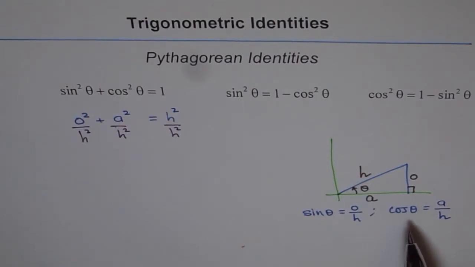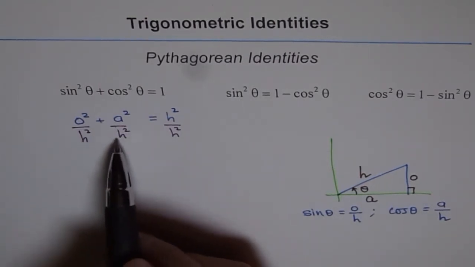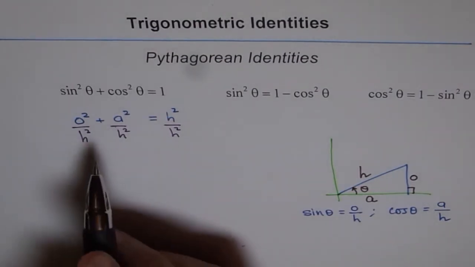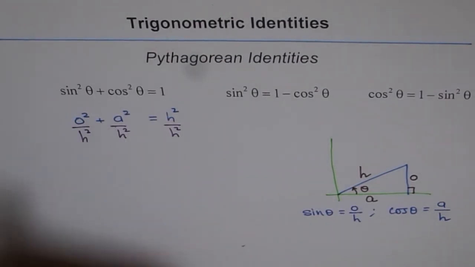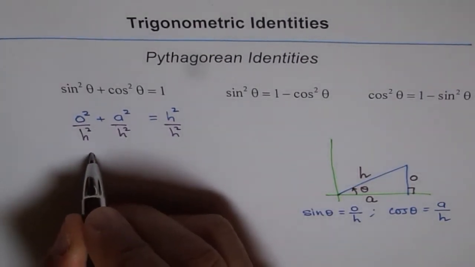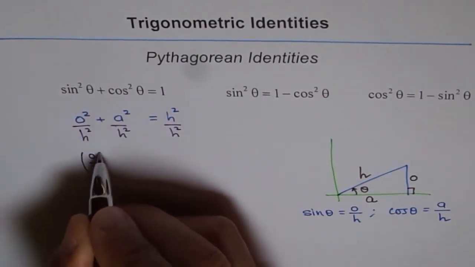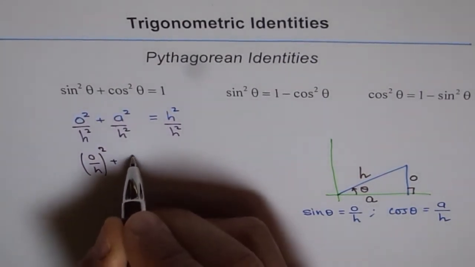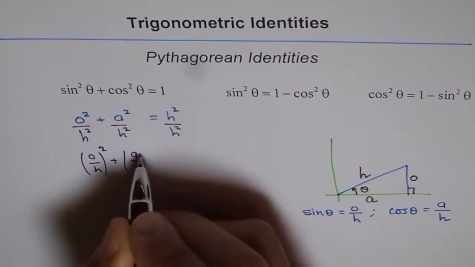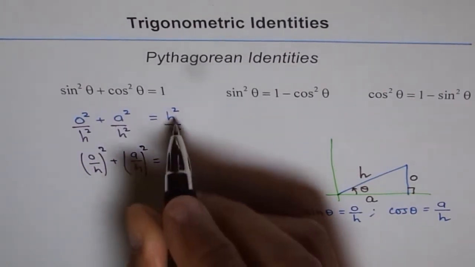Now, if I divide by hypotenuse square in all three terms, what do I get? I get O over H whole square plus A over H whole square equals H over H, which is 1.